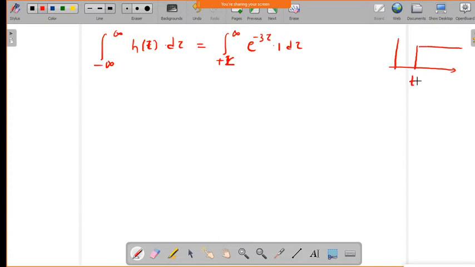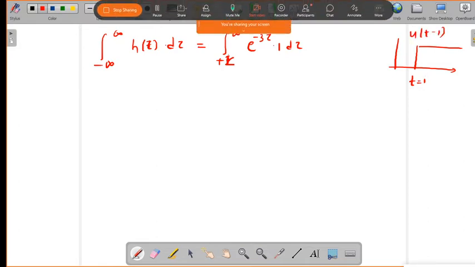So t equal to 1, this is nothing but u of t minus 1, so it varies from 1 to infinity.